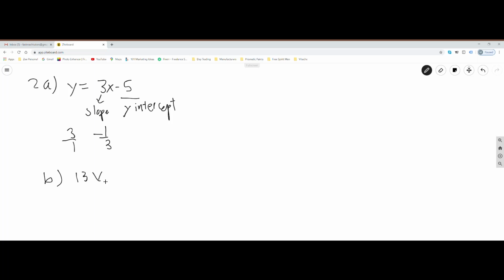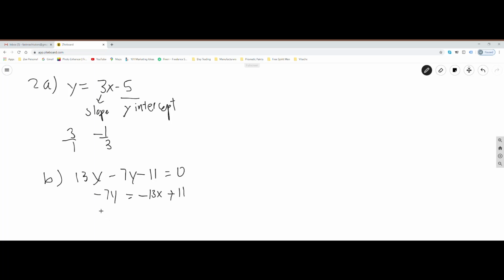13x minus 7y minus 11. So we should always bring our equation into this format. So we have -7y equals -13x plus 11.